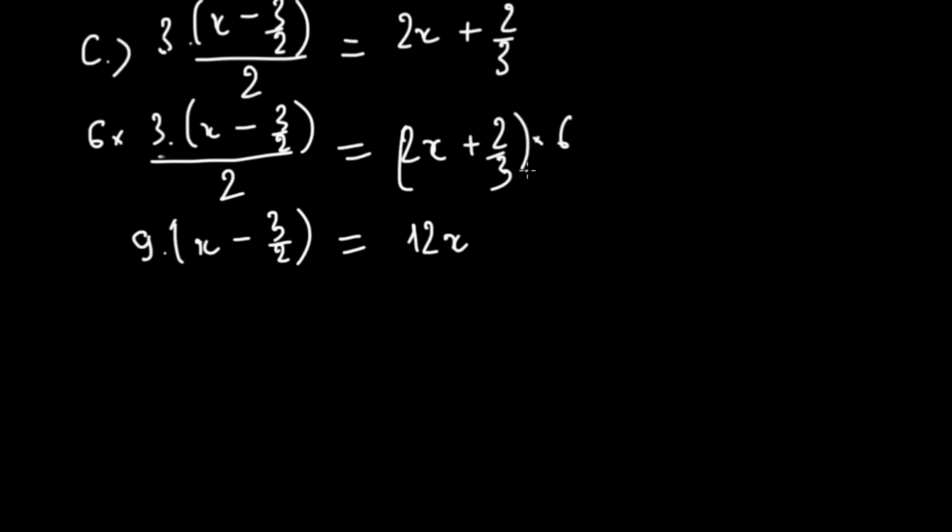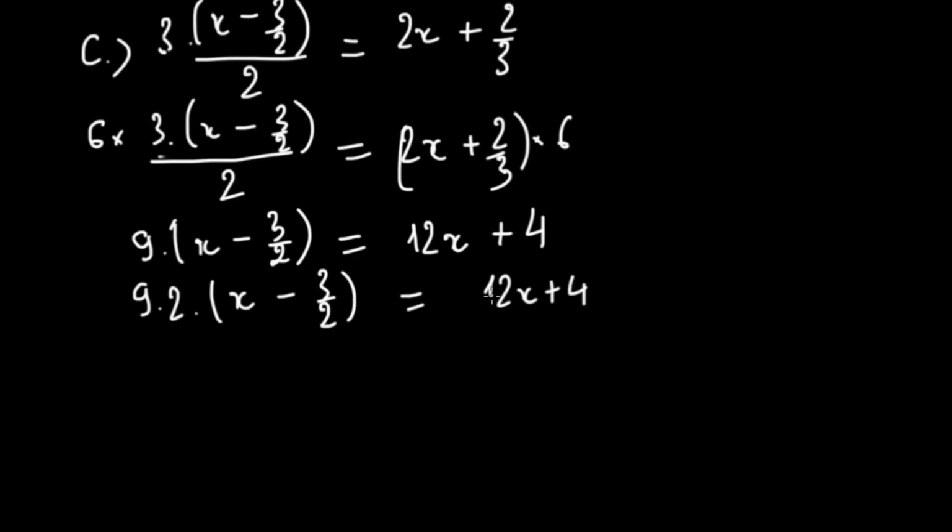And 6 divided by 3, you got 2. 2 times 2, you got 4. We can see that 2 is the denominator here. We multiply both sides by 2 to try to get rid of number 2 right here. 9 times 2 times (x minus 3 over 2) equal 12x plus 4 times 2.